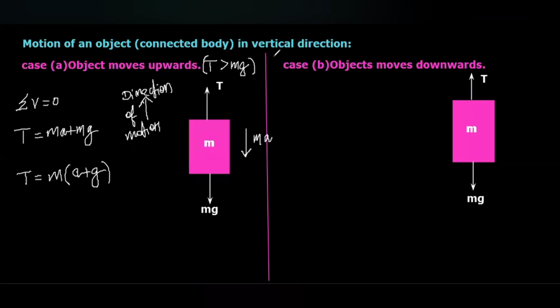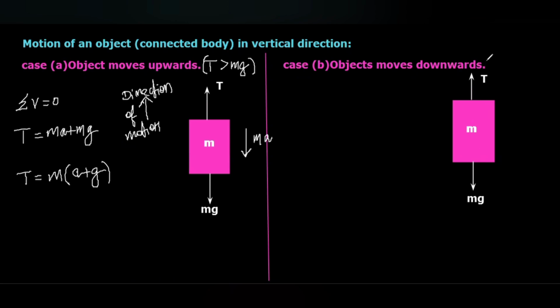Next, case B: the object moves downwards. Here it is the same, a connected body, freely hanging, connected by a string, rope, or wire. The tension will act exactly upward, and the weight of the object, mg, will act exactly downward.